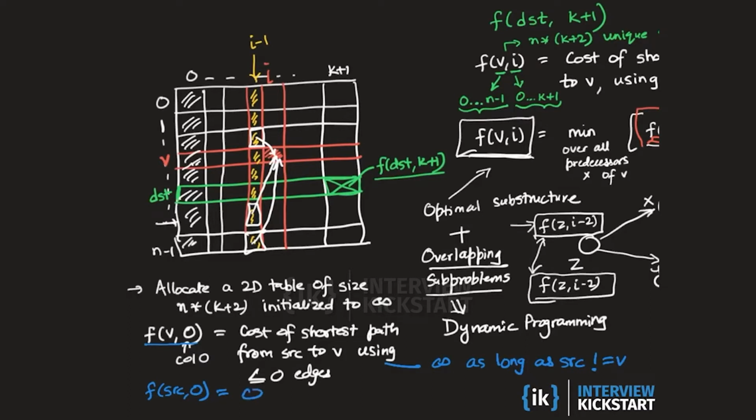Well, that cost is obviously 0. So if we pretend that this is the row for the source, this value here could be 0, but all the other values in this column will have to be initialized to infinity. So let me mark all of these values as infinity.